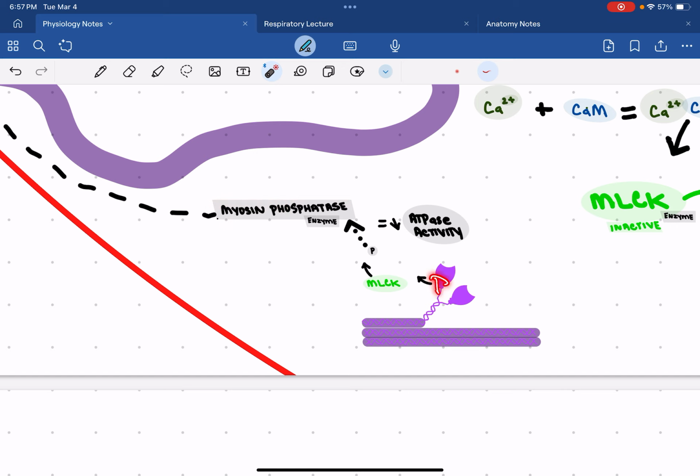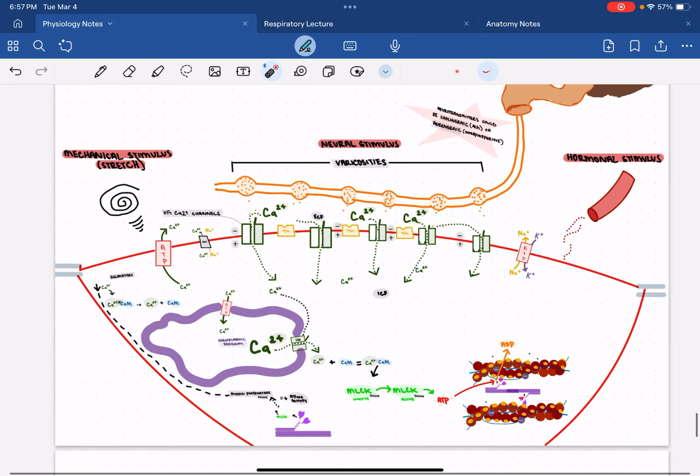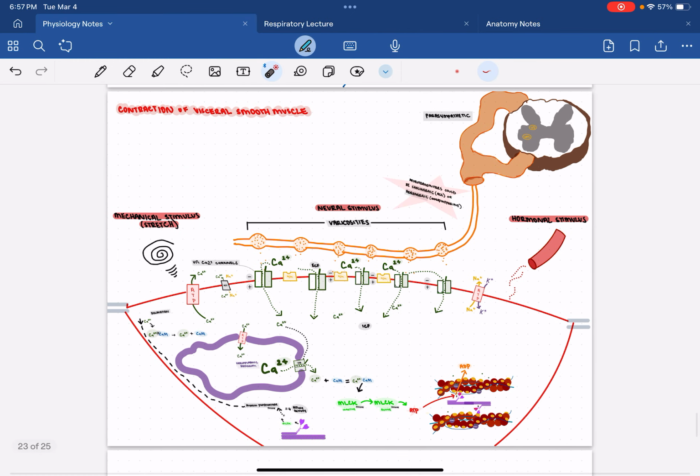And if it doesn't have the phosphate in the myosin head, along with the stored potential energy, this cannot perform the power stroke, which means that it's going into a relaxed state. And that is relaxation and contraction of smooth muscle.